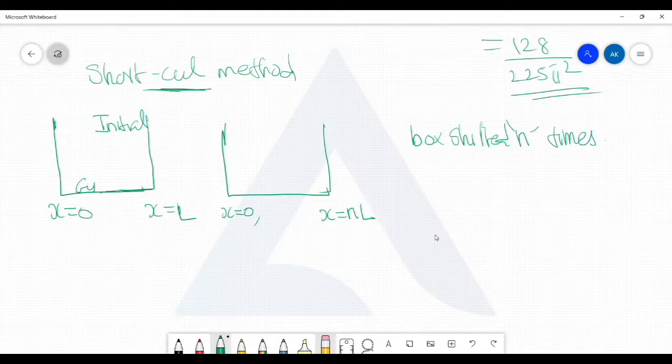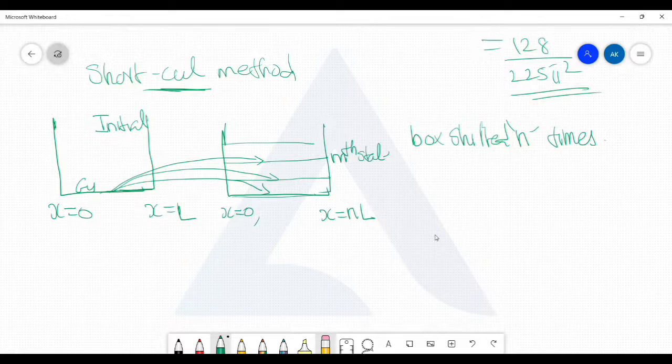Okay. The particle may be in the ground state, first excited state, second excited state, anywhere. There is a probability that the particle can be in any state. Suppose an arbitrary state is m. So this is the mth state. When I shift the box, the particle can be in any state.